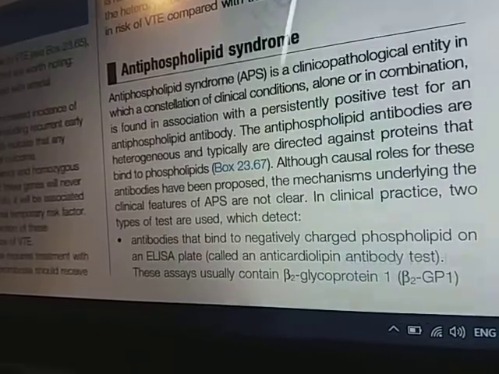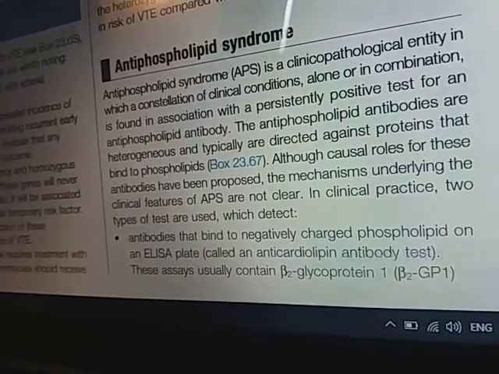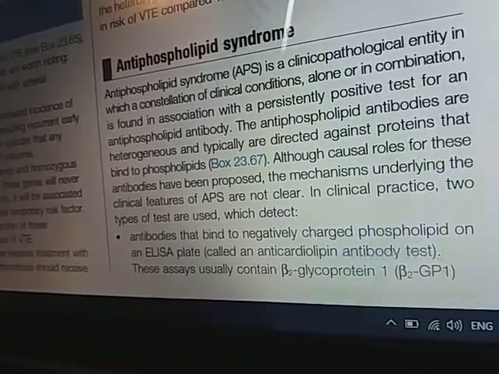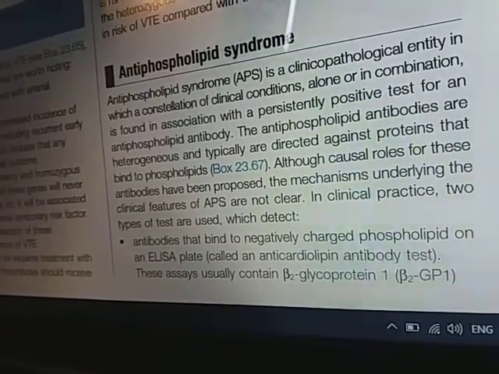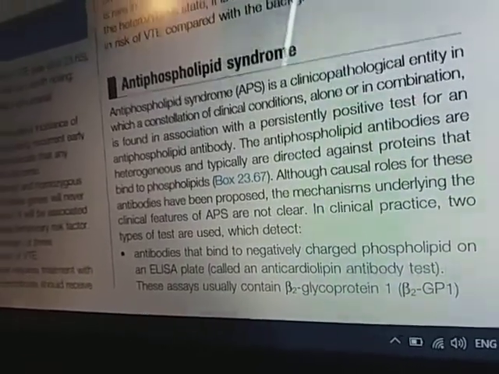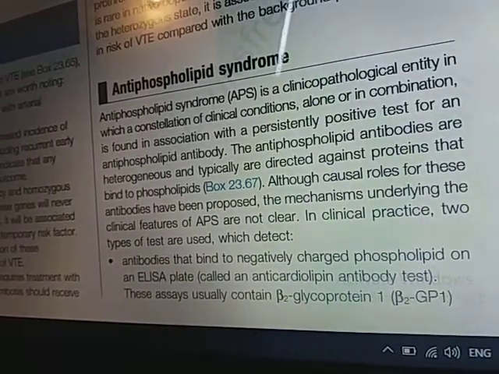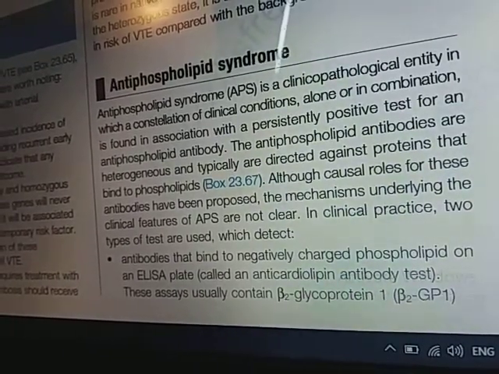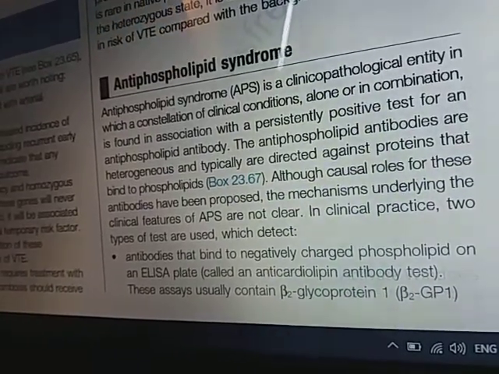A is abortion. One of the cardinal features of antiphospholipid antibody syndrome is abortion or repeated abortions. The other T is thrombocytopenia. The other A is anticardiolipin antibodies. And the last one, N, neurological findings, which might be stroke, transverse myelitis, and so on.